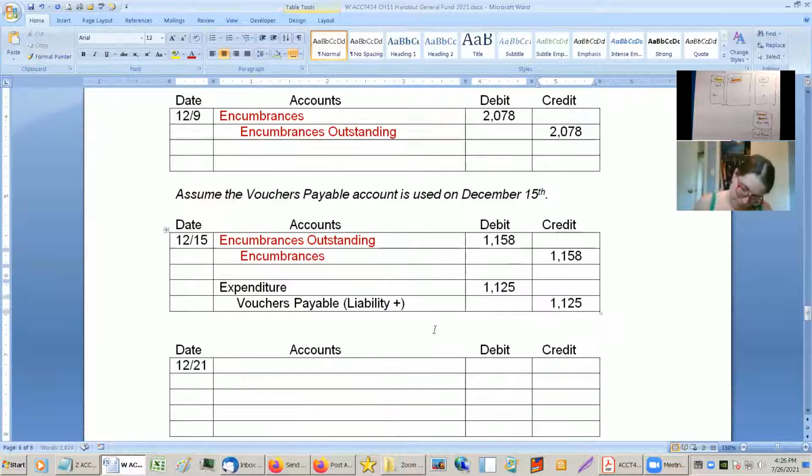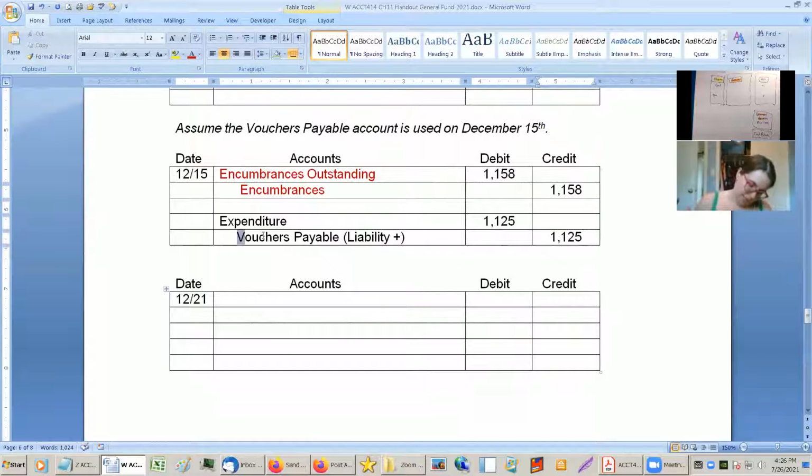And then we still have the encumbrance of whatever the balance is for the 920 for the desk. Exactly. And the cash decreases our asset, the asset of cash.